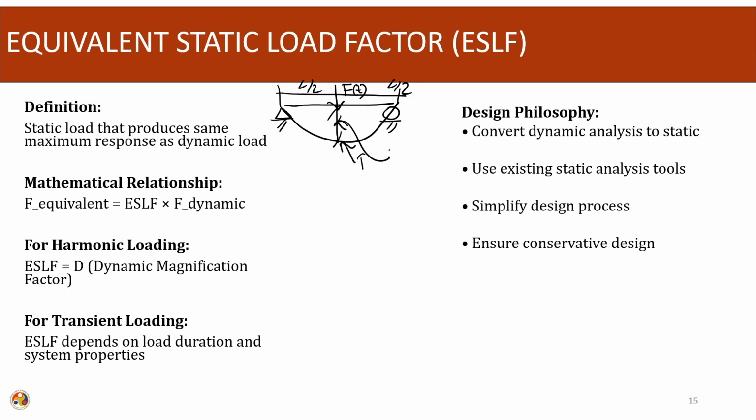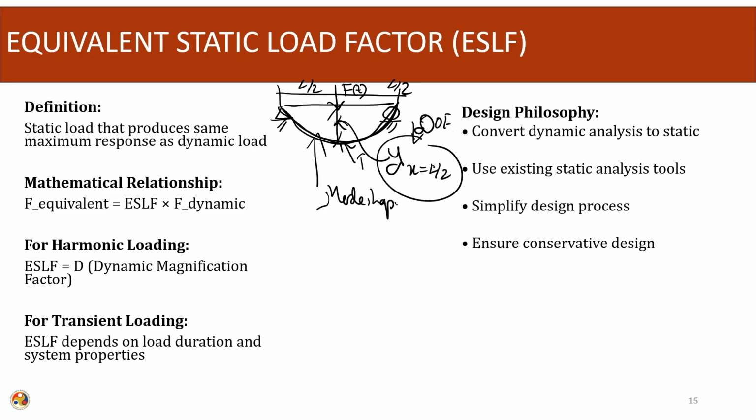So, our chosen degree of freedom y was x equals L over 2. Corresponding to this degree of freedom we are choosing this mode shape. So, this was our choice of mode shape.